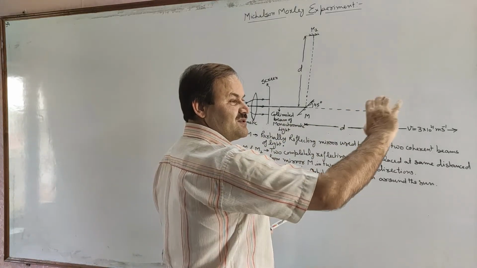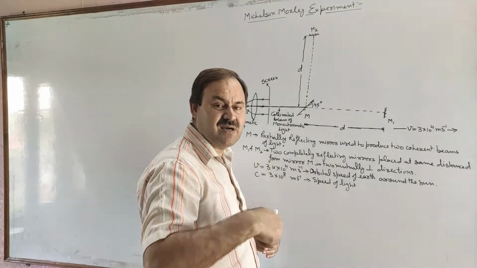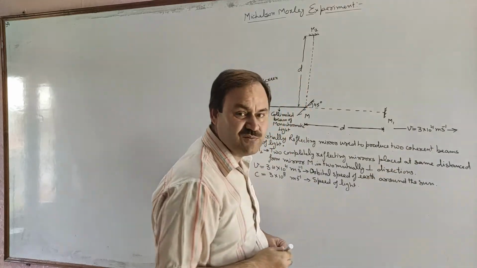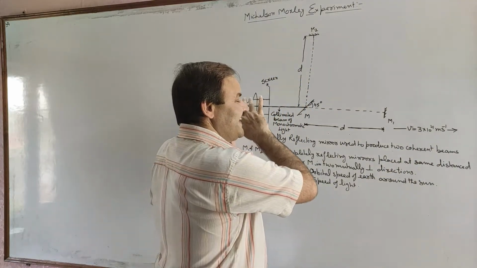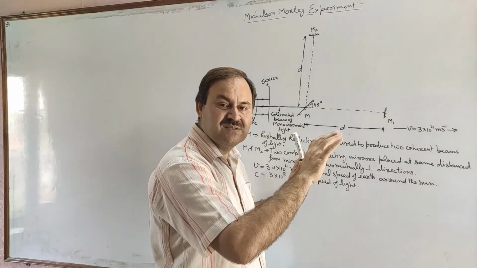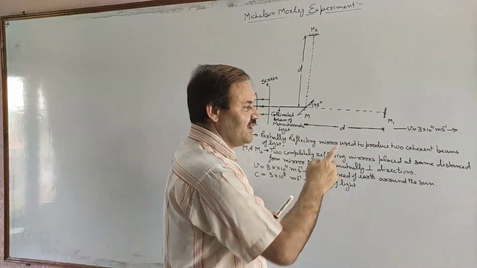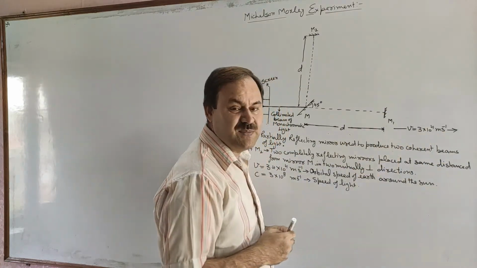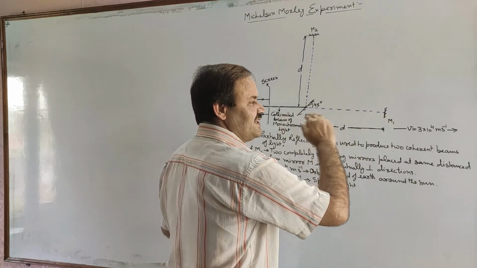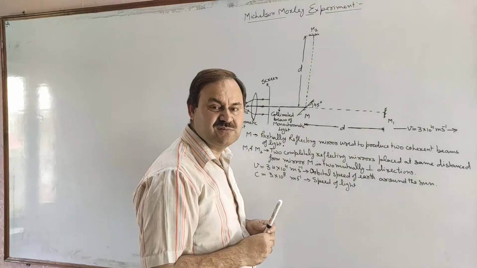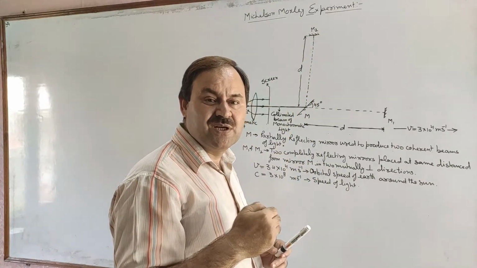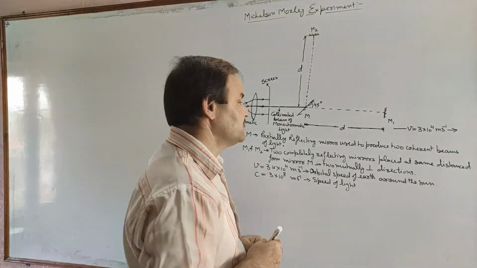Since Earth is continuously moving around the Sun with orbital speed 3 into 10 to the power 4 meter per second, the entire apparatus, meaning the interferometer, will also be moving along with the Earth with the speed 3 into 10 to the power 4 meter per second. So mirror M1 is along the direction of motion of Earth, while mirror M2 is perpendicular to the direction of motion of Earth.